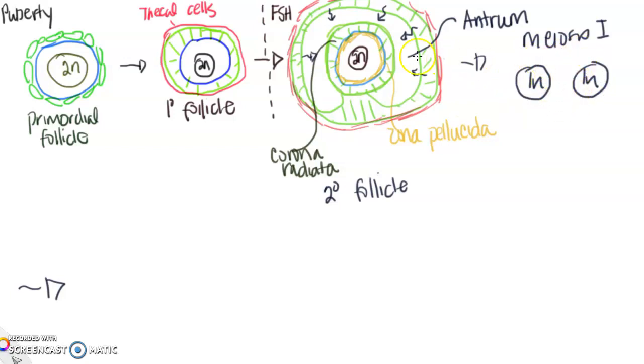So now we've gone from diploid to haploid. Okay, but in the female, when meiosis 1 completes, all the good stuff, all the cytoplasm, all goes into one of the cells. The other cell gets the DNA, and we call that the polar body.